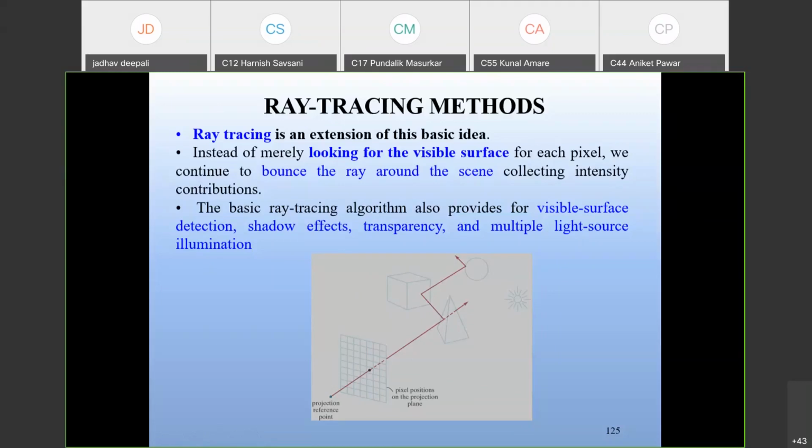It goes through this pixel onto this object. For which purposes are ray tracing methods used? Visible surface detection, shadow effects, transparency, and multiple light source illumination. So for these purposes it is used.